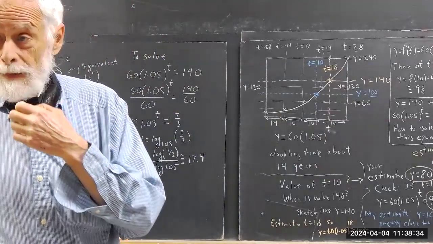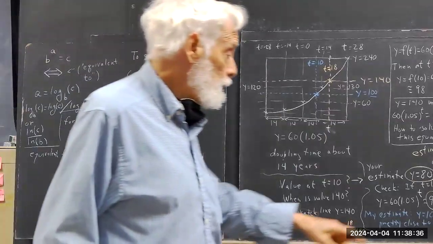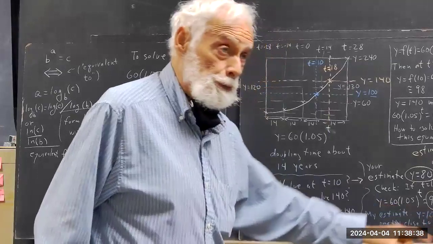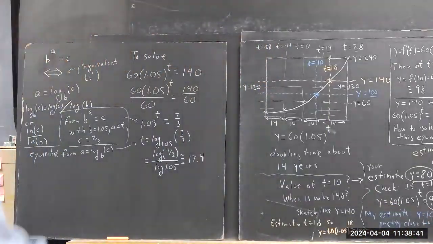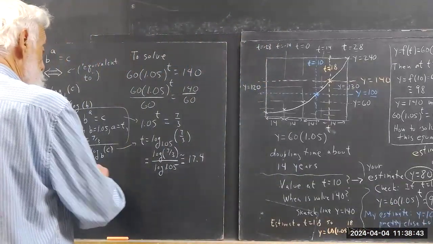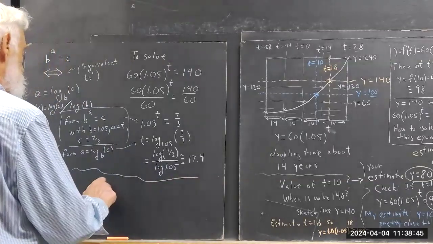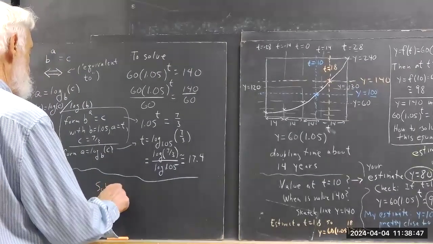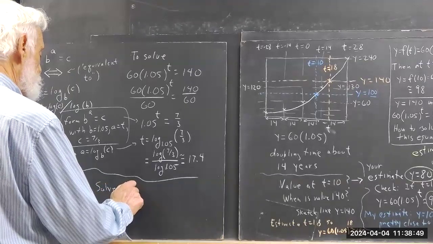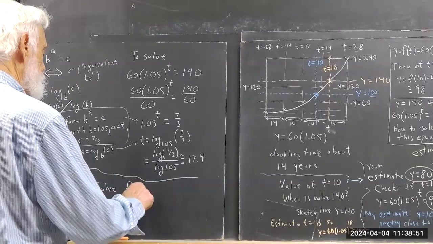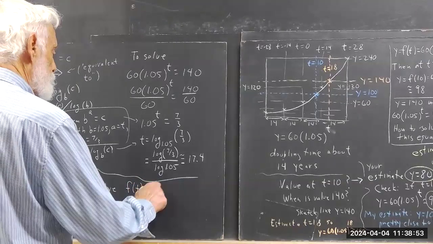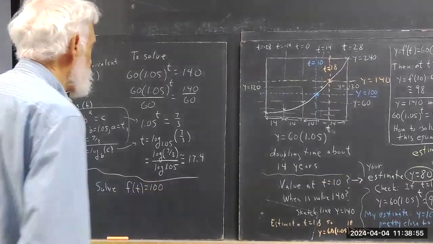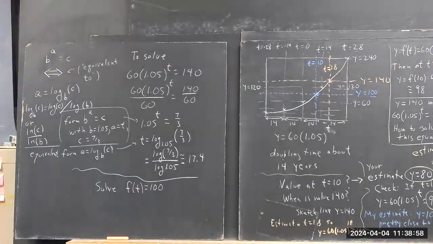And that was pretty close because y equals 98 when t equals 10. Okay, but let's just, for practice, solve f of t equals 100.